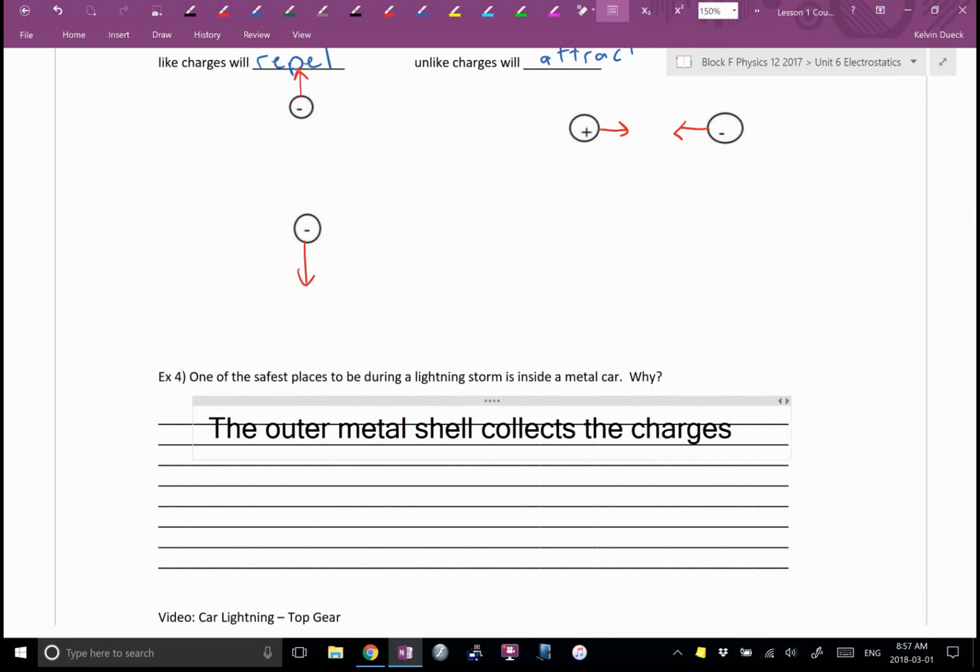First of all, the outer metal shell collects the charges. Like charges repel, so they gather on the outside of the metal.